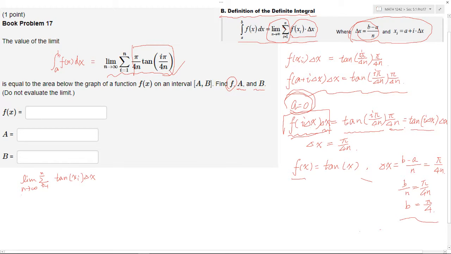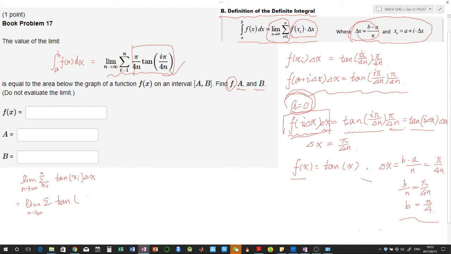we have the limit n goes to infinity, summation of tangent of xi, which should be equal to 0 plus i delta x, which is pi over 4n, and here is pi over 4n.